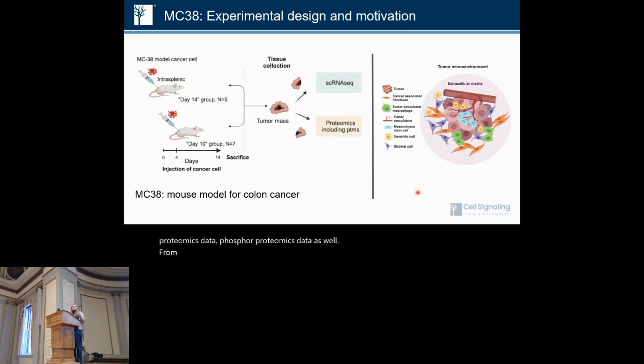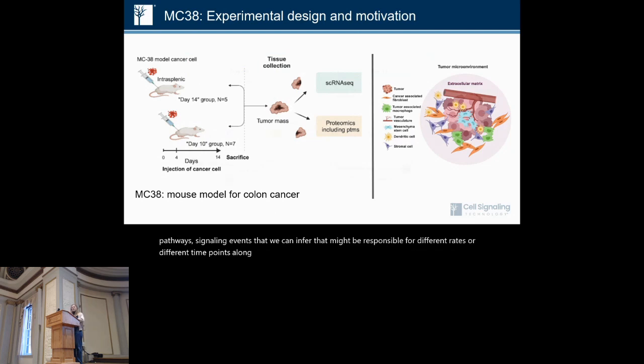And the specific question that we wanted to answer was, what are the interactions going on in the tumor microenvironment? Are there any cell type specific pathways, signaling events that we can infer that might be responsible for different rates or different time points along cancer development?